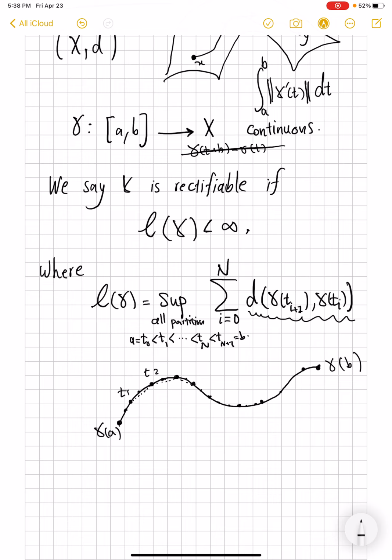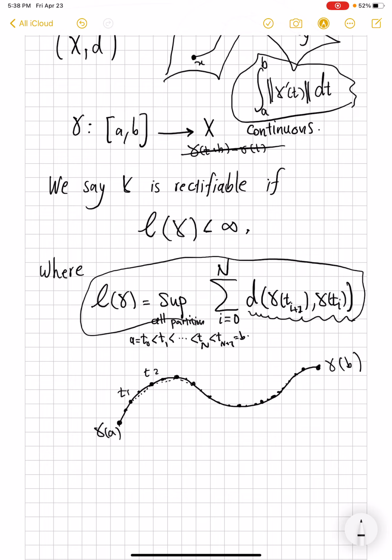And so under some conditions, if your curve is actually C1, so that this notion of length makes sense, you can prove that this also converges to that quantity. So they produce the same quantity. However, notice this notion requires no derivative.